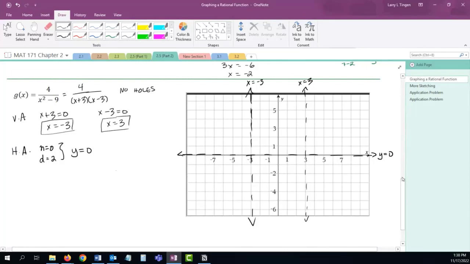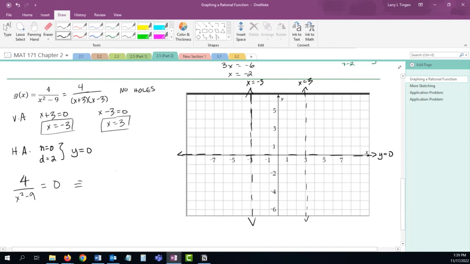step, part 2 of my procedure. Determine any points where I cross the horizontal asymptote. Okay, so take my original equation, 4 over x squared minus 9, and I set it equal to my horizontal asymptote. My horizontal asymptote is 0.